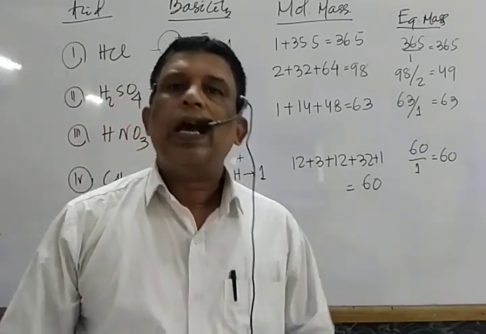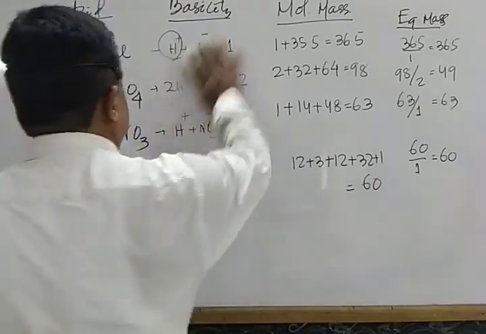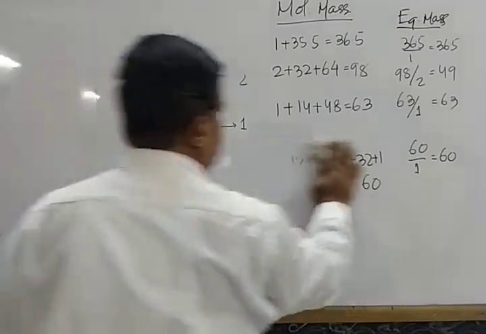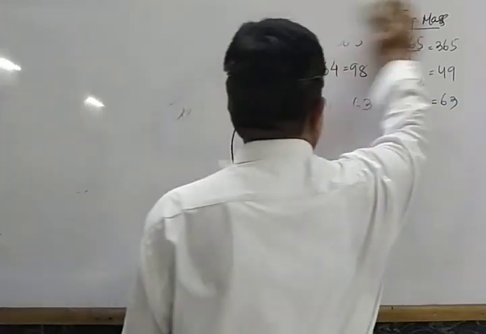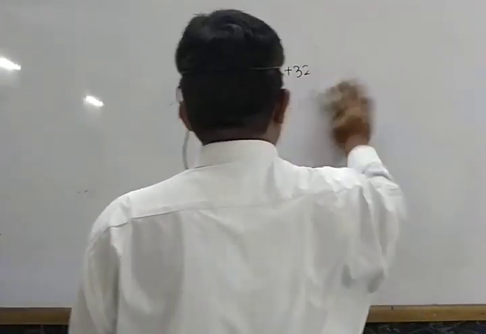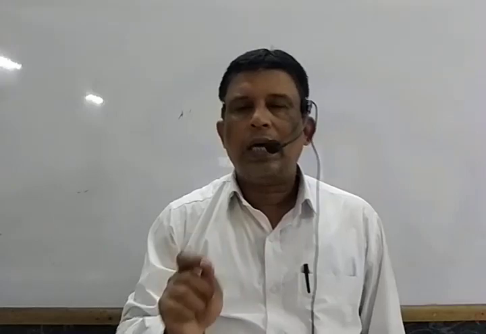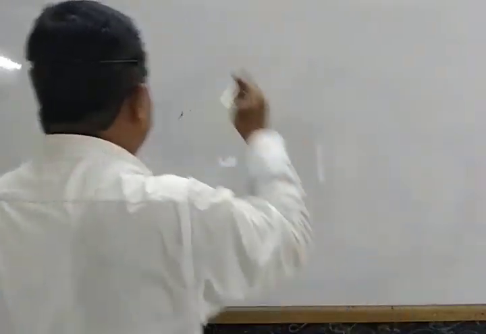Next we go to equivalent mass of a base. Equivalent mass of a base is defined as molecular mass of a base divided by acidity. Mark that.